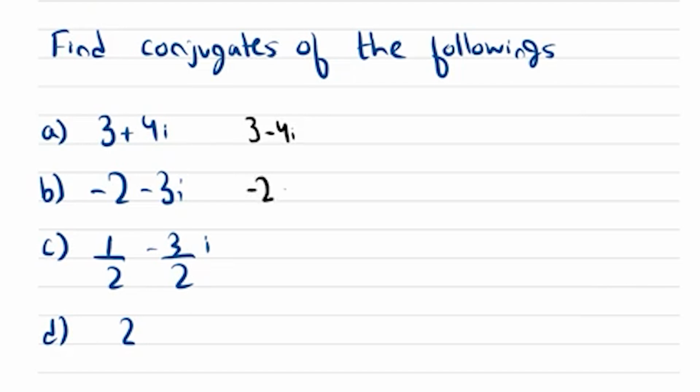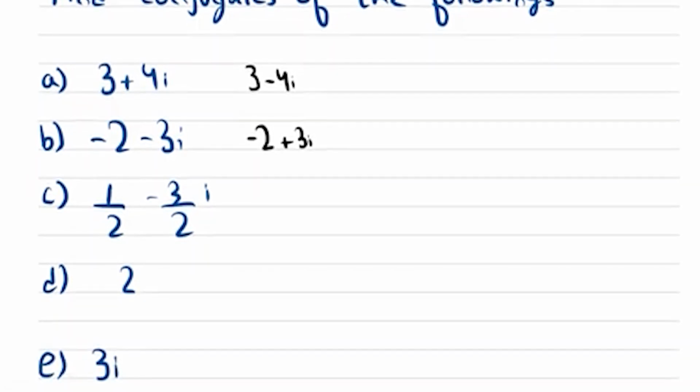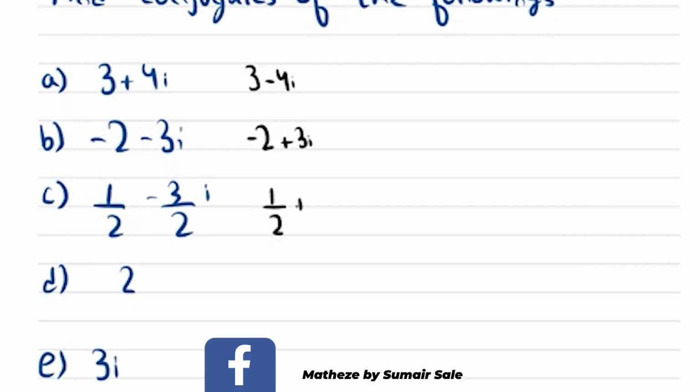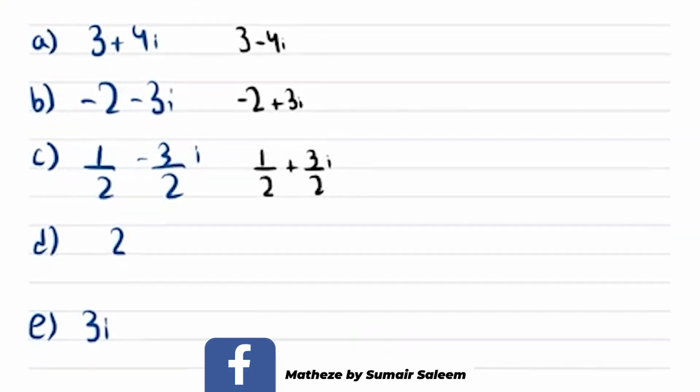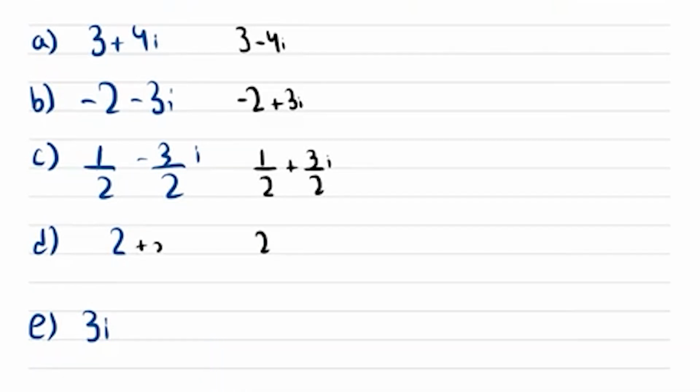It's going to be -2 plus 3 iota. What will be the conjugate of half minus 3 upon 2 iota? It's going to be half plus 3 upon 2 iota. Now, what will be the conjugate of this 2? There is no i. That 0 iota will become -0 iota. What will be the conjugate of 3 iota? It's going to be -3 iota.